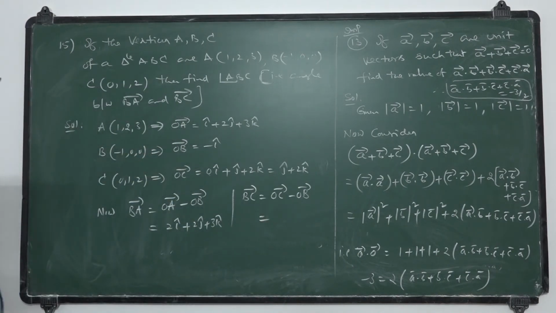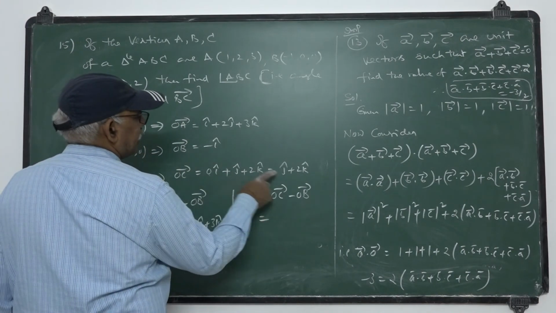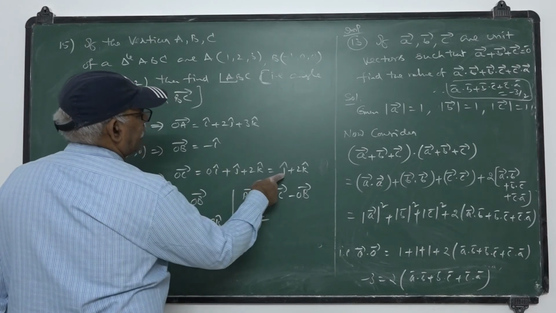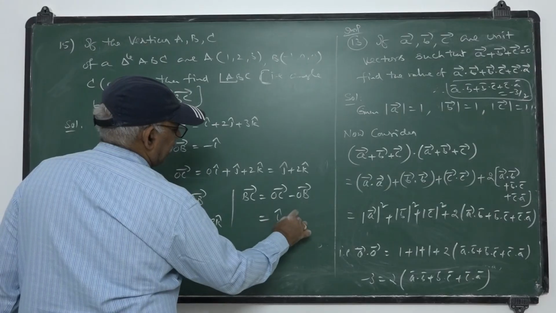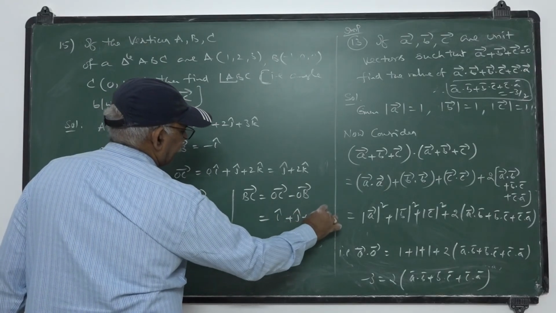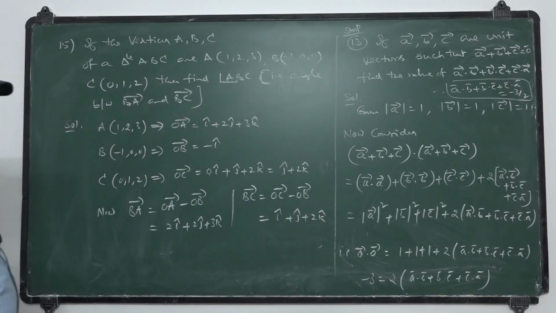OC minus OB, subtraction of this OB from this one, we get plus i, so i plus j plus 2k. So BA bar and BC bar are the vectors 2i plus 2j plus 3k and i plus j plus 2k.